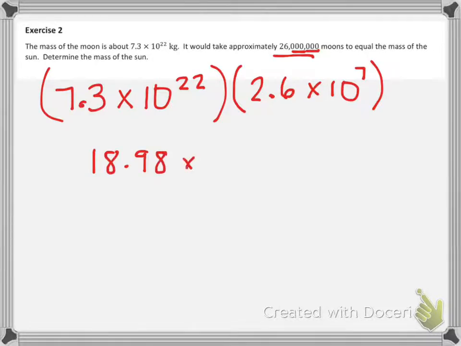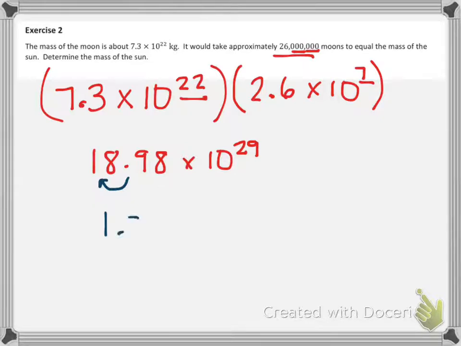18.98 times 10 to the, well, now since we're multiplying exponents with the same base, I can add these exponents. So that is 10 to the 29th power. And again, we are not in scientific notation, so I'm going to move my decimal back.